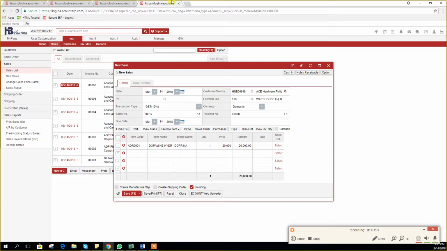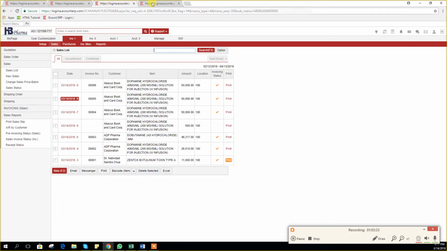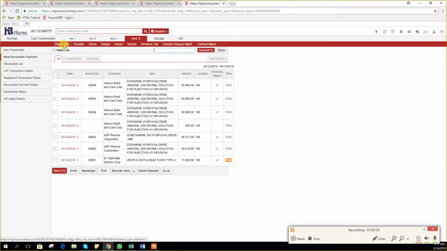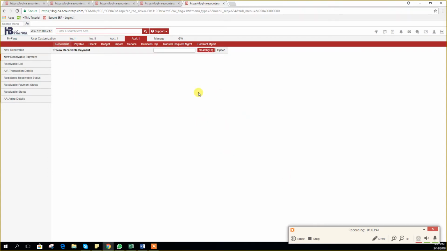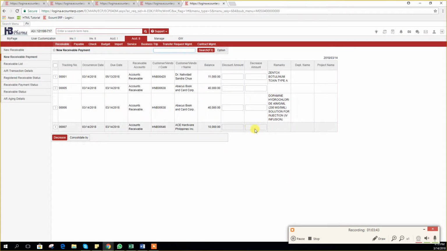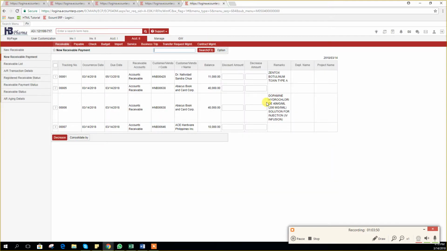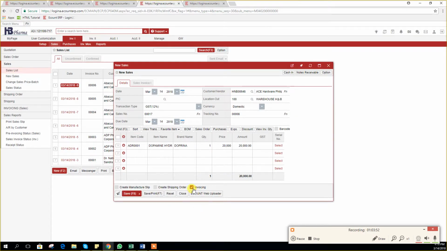So if there's already a receivable here, yes, there is already a receivable here. We already collected 10,000 from the 20,000 here, right? Yes. So do we need to do this invoicing?